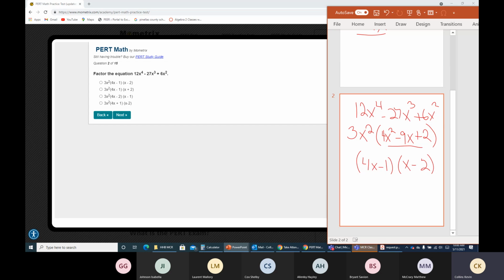So if we do that, we've got -1 times x, so that's minus x or minus 1x. Then we've got 4 times the -2, that's minus 8x. So minus 8x and minus 1 more is minus 9x. So again, if you get these guys to match up, we're good to go. So yeah, we're going to go with A on that one.